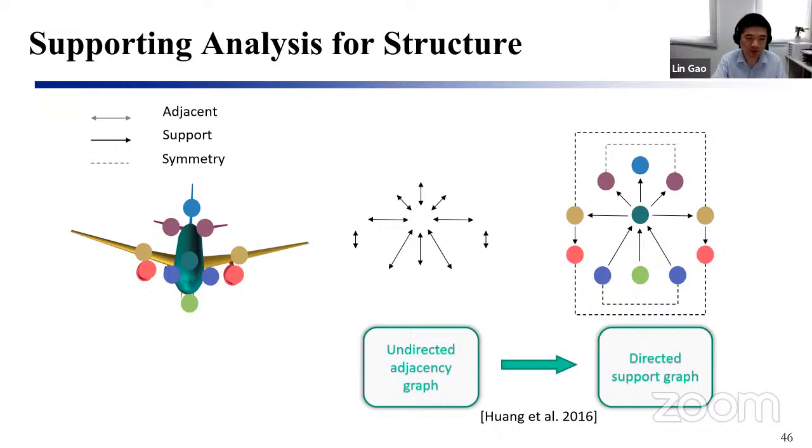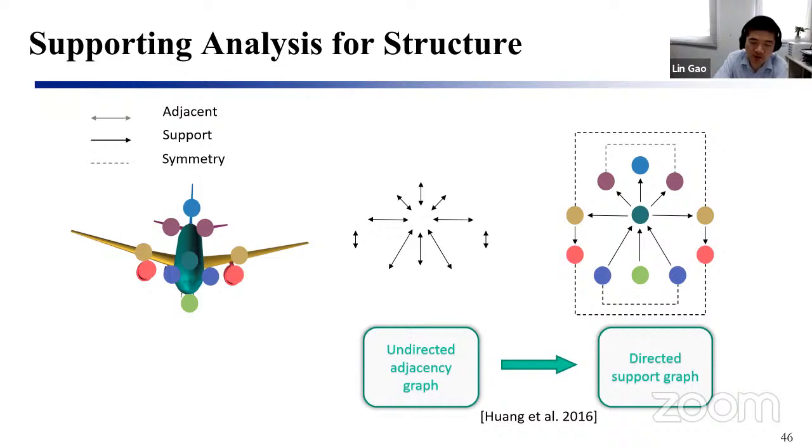Given this plane, we could first do the segmentation and get each segmented part, and then from the adjacent relation, we could build an undirected adjacency graph, and then analyze this relation. We could find the support relation, and then get a directed support relation.